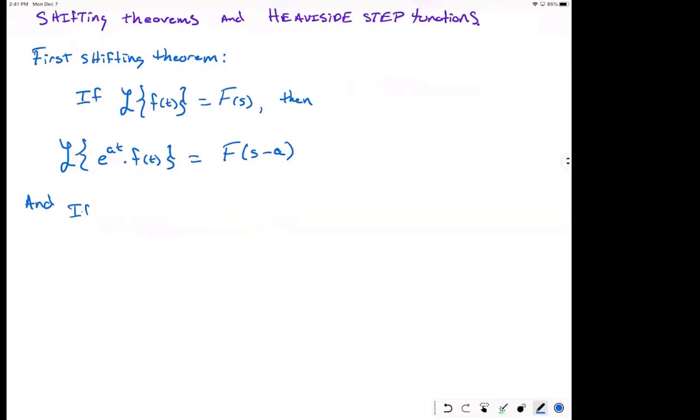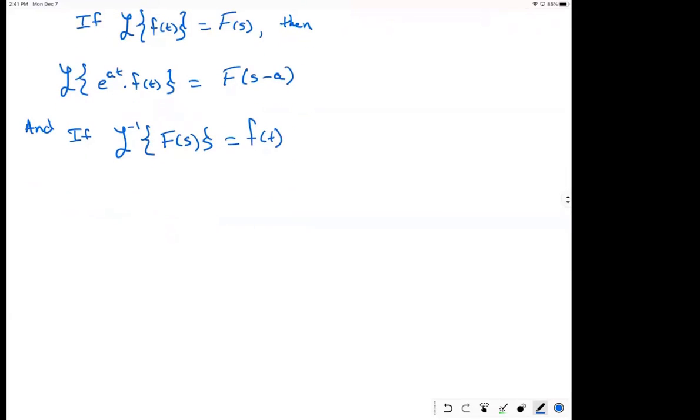If we are taking the inverse Laplace transform of capital F of s, and that's equal to f of t, then, so this is the inverse of what the first shifting theorem says, going the other direction, then capital F of s minus a, its inverse is equal to e to the at times f of t.